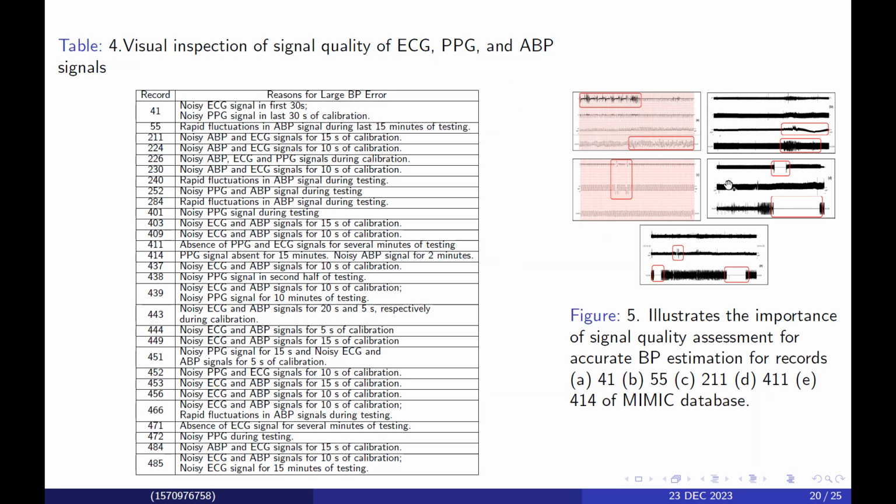Also, in some records some portions are 0, but the BP values are not 0 in the ground truth itself. This also creates some error. Also, in the testing duration the signal has to be good enough so that we can calculate the PTT and PR values properly. So for each record we are calculating this, finding the reasons for large BP error, and we give it in a table here.